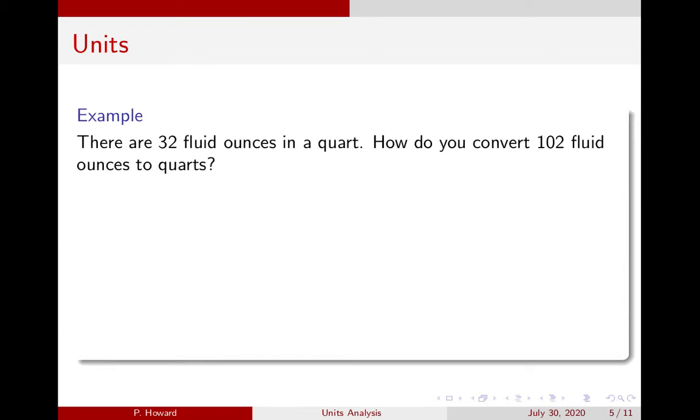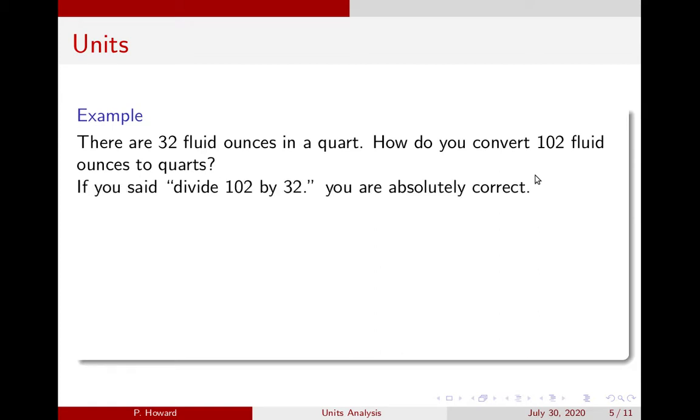Let's try a similar and fairly easy problem, something you would probably do automatically without thinking too much. There are 32 fluid ounces in a quart. How do you convert 102 fluid ounces to quarts? If you said divide 102 by 32, you're absolutely right.